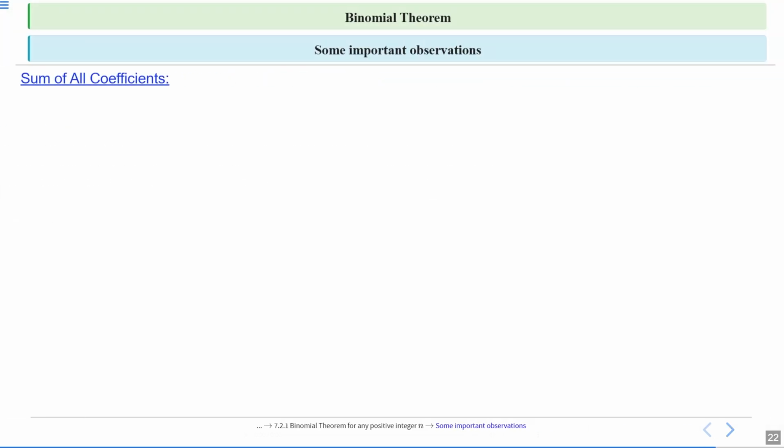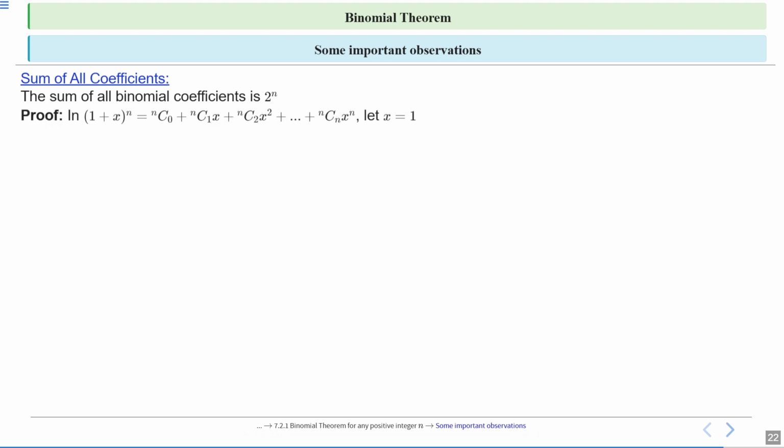Now, see the sum of all coefficients. The sum of all the binomial coefficients is 2 to the power n. Here you can see in (1+x) to the power n, we have nC0 plus nC1 x plus nC2 x square plus ... nCn x to the power n. Here let x equal to 1.